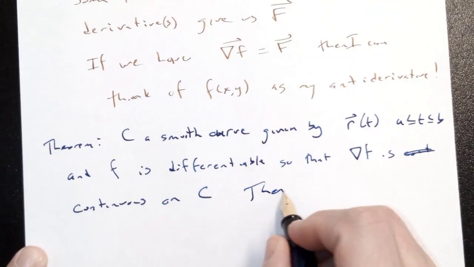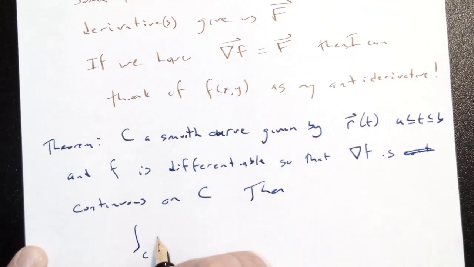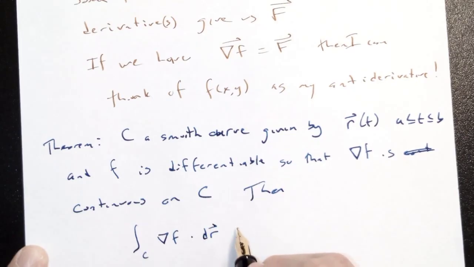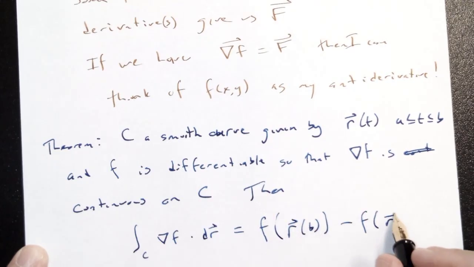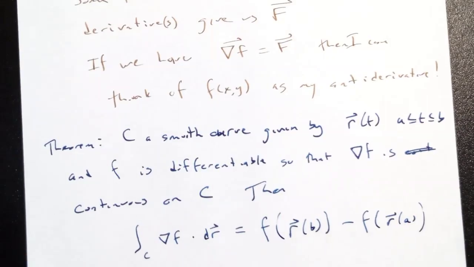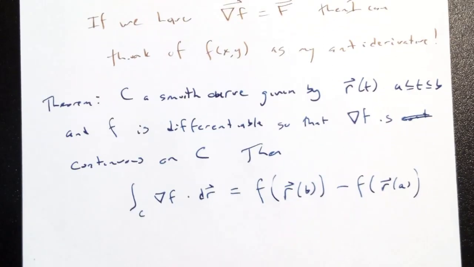Then to do the line integral, I don't have to parameterize squat. I don't have to write any parametric equations.